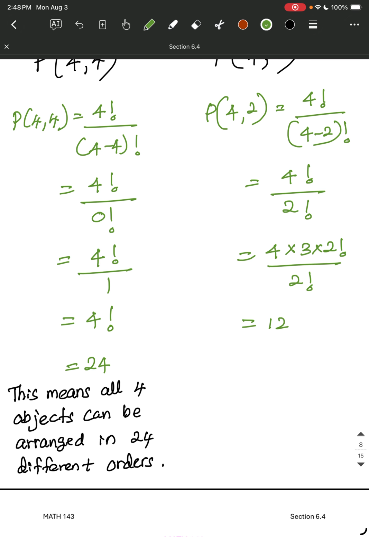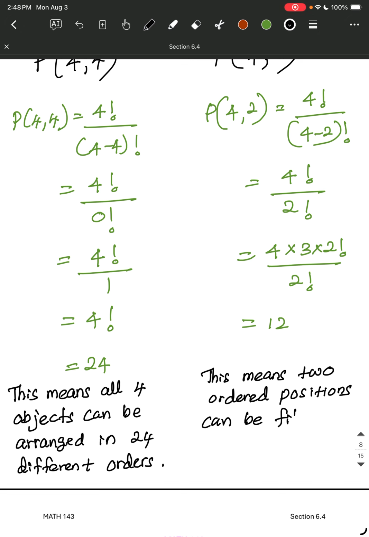This means 2 ordered positions can be filled from 4 distinct objects in 12 ways. Right? Okay, let's use the tree diagram.